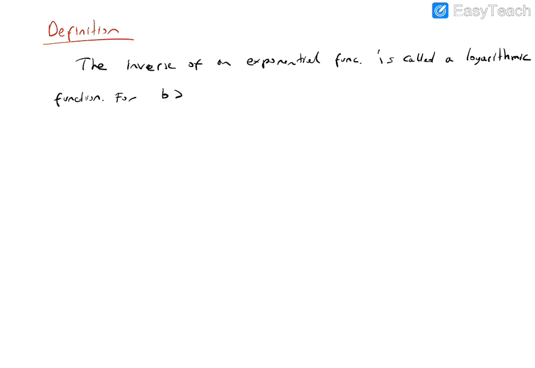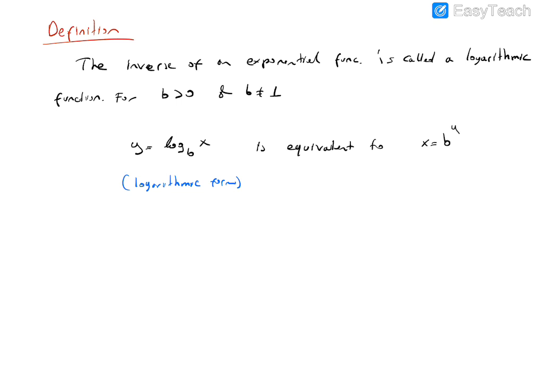So for b bigger than 0 and b different than 1, y equals logarithm base b of x is a logarithmic function. The logarithmic form is equivalent, if and only if, to x equals b to the power y. That is the exponential form.